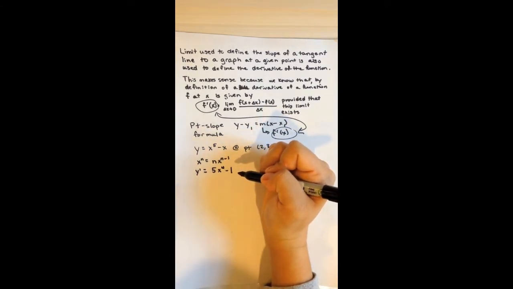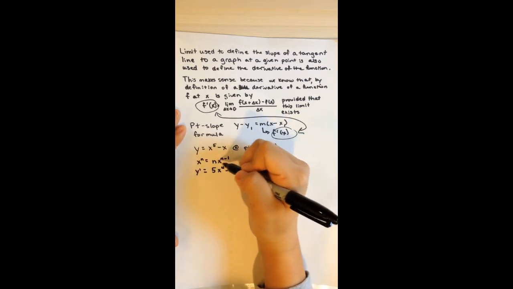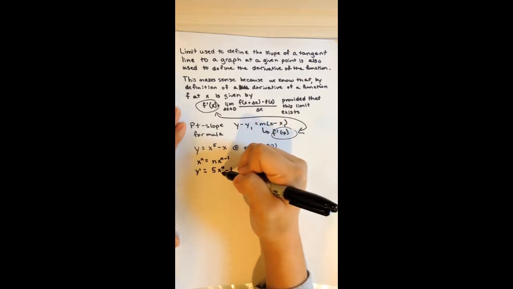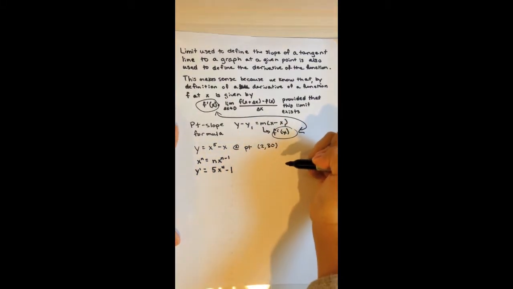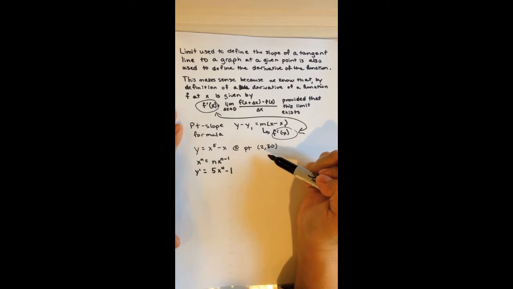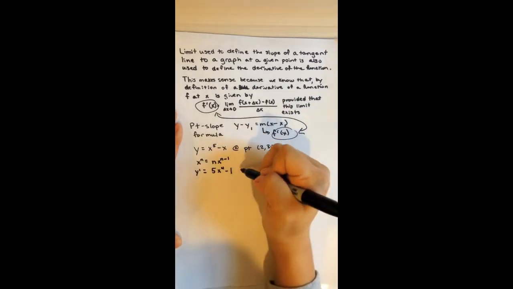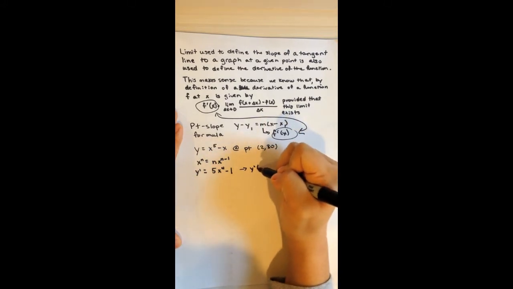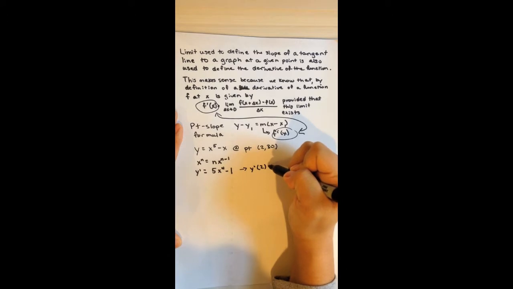So by using this, we know the slope of this function in terms of x. However, we want to find the slope of the tangent line at this particular point. So what we're going to do is adjust this so we're finding y prime of 2.